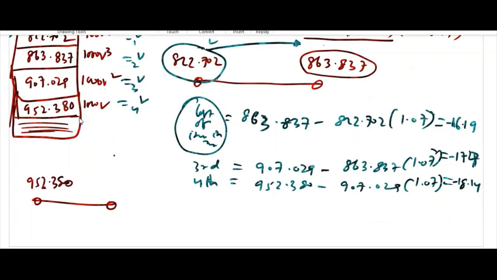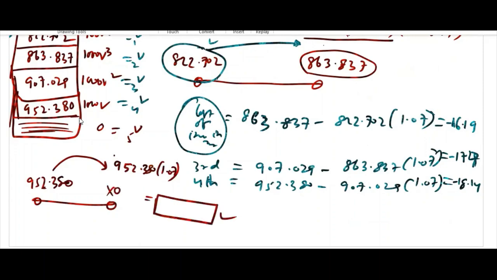You don't need any reserve here. That's how V50. So you don't need any, but this will accumulate to 952.380 times 1.07. You will get some amount. You don't need anything. So this much reserve you have, that will come to your account now. This reserve is yours. What is that? Tell me.